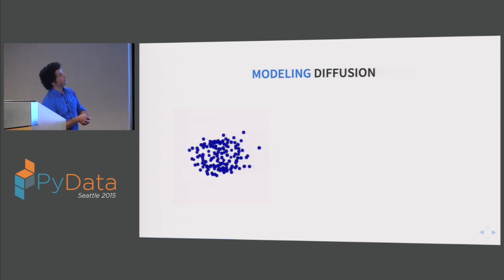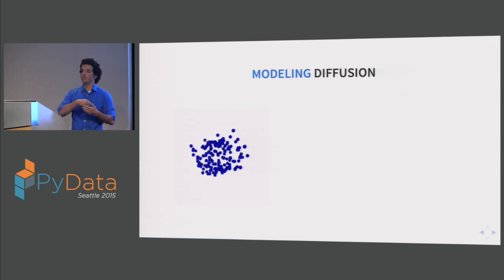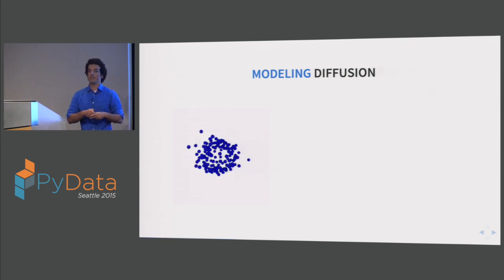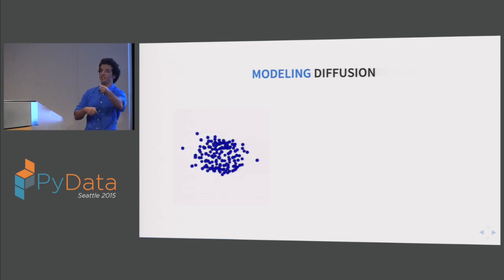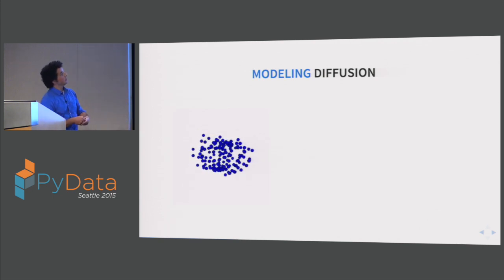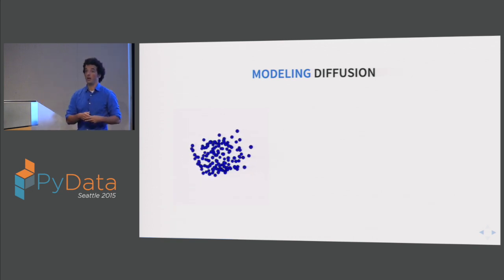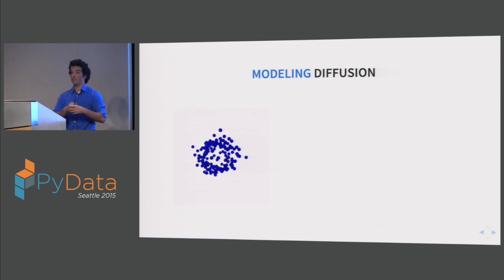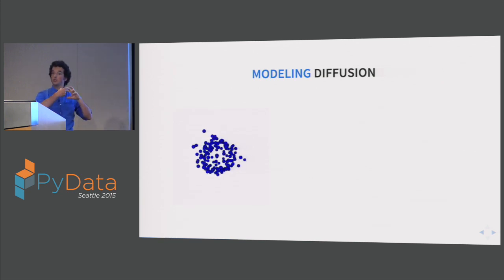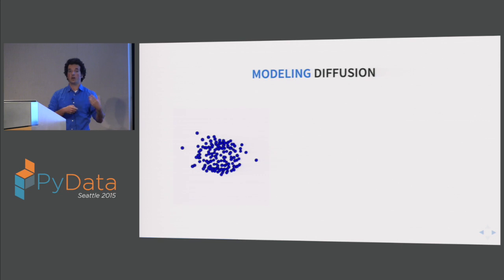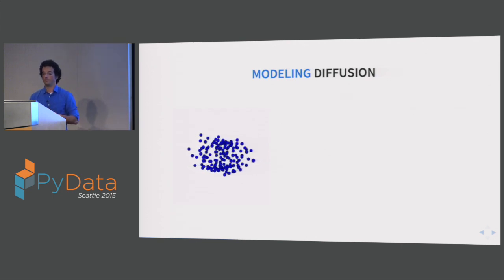So what you can see here is that the distance from the center of this cloud is the estimated distance of diffusion along that direction. So when the gradient was applied in this direction, for example, that you see right here, water diffused pretty far, but if it was in this direction, water diffused pretty closely. So in this case, diffusion is anisotropic, and it's anisotropic along a particular axis of diffusion.